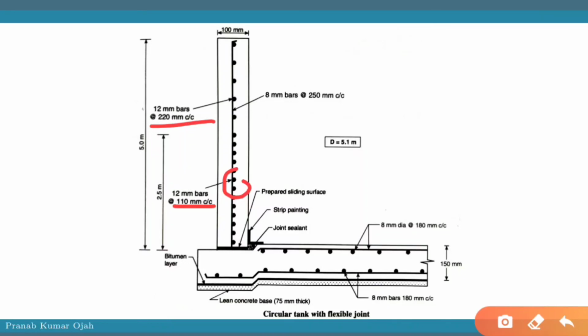This is all about the hoop reinforcement, and these two are for the base slab. So this is all about the design of the circular water tank. We have designed the water tank and provided the detailed reinforcements.